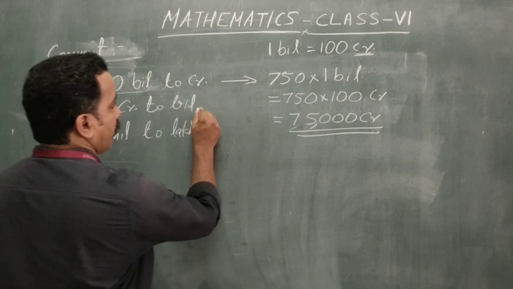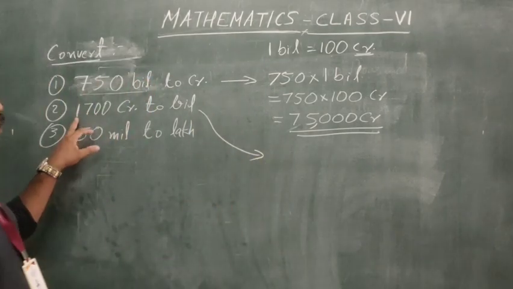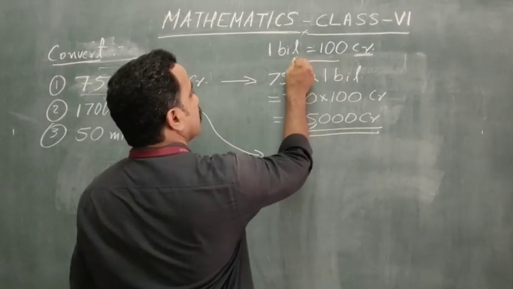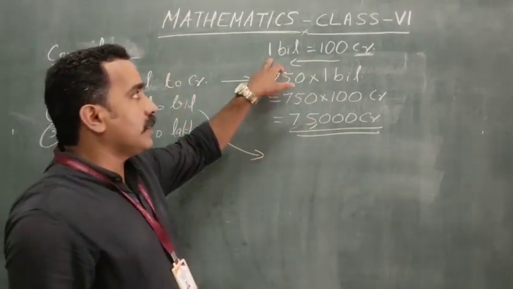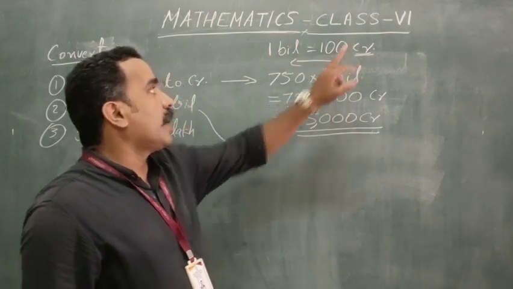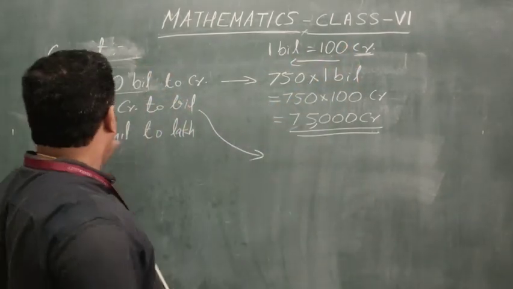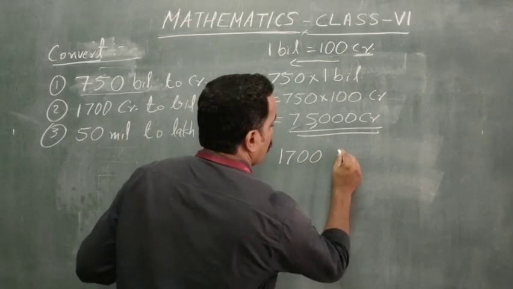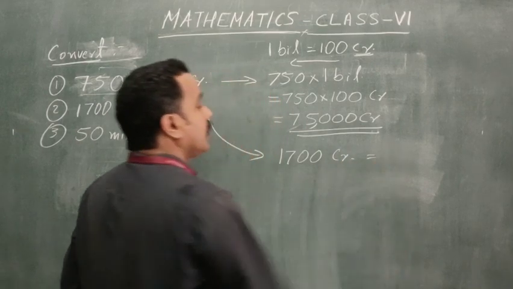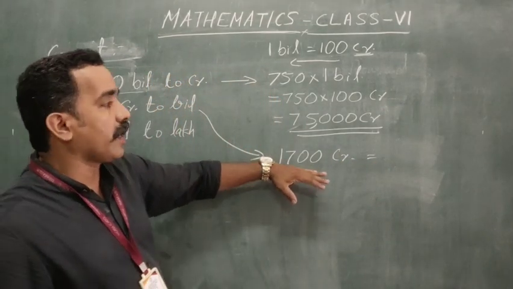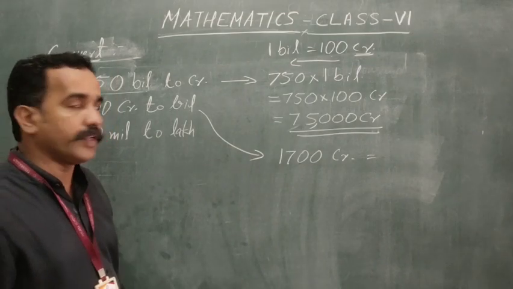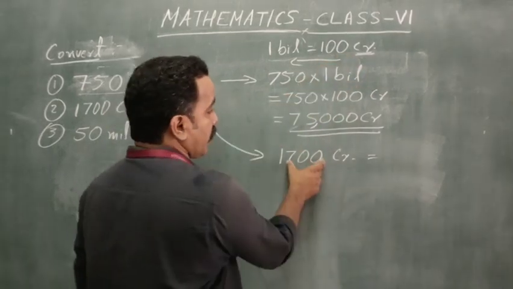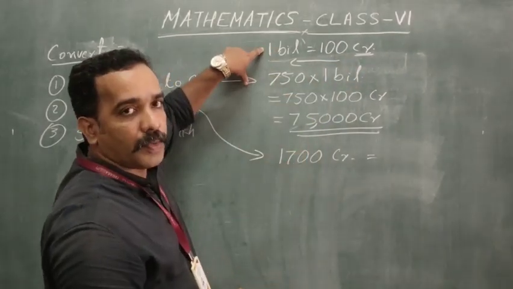Now let us see the second one: 1,700 crore to billion. Reverse we can check. 1 billion is equal to 100 crore. 1700 crore is given, and we have to find how many 100 crores are there inside it, because 100 crore is equal to 1 billion.